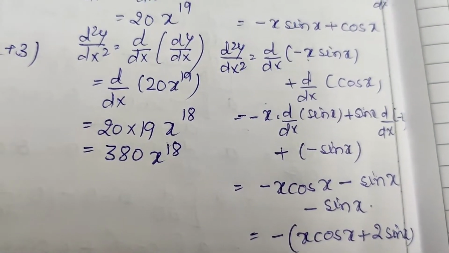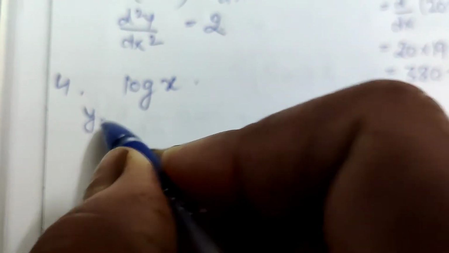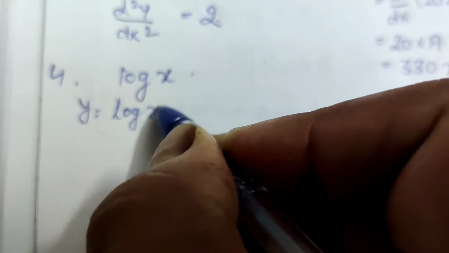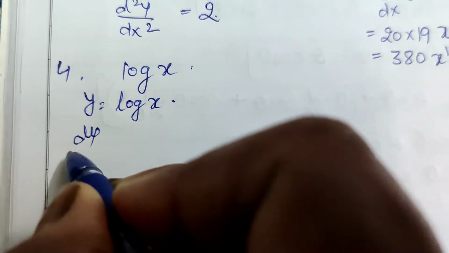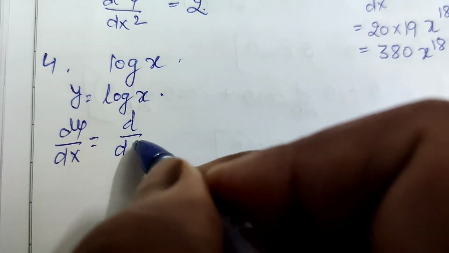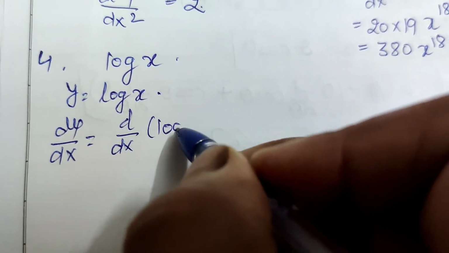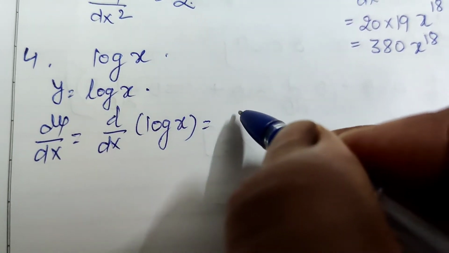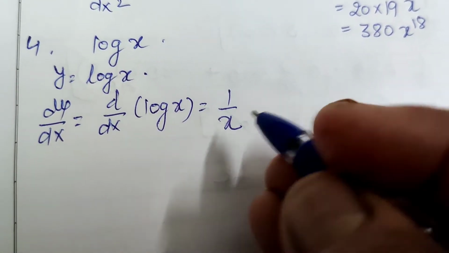Question number 4. y equal to log x. Now the differentiation of this is dy over dx equal to d over dx of log x, and the differentiation of log x equals 1 by x.